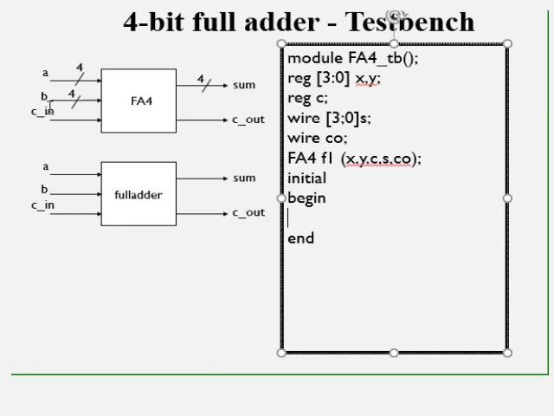Another input is 4-bit, again 16 combinations, and one more input, the input carry. So 4 plus 4 plus 1 is 9. If I apply all possible combinations, I need 2 power 9 combinations, so my test vector length would be very large, 512.